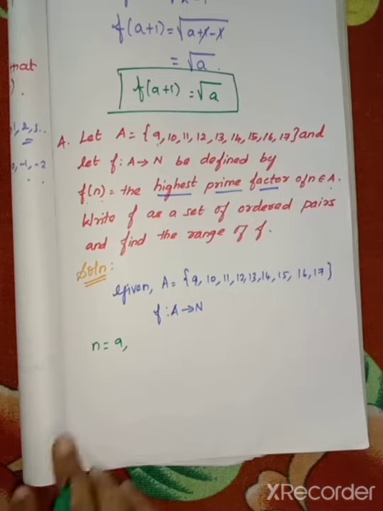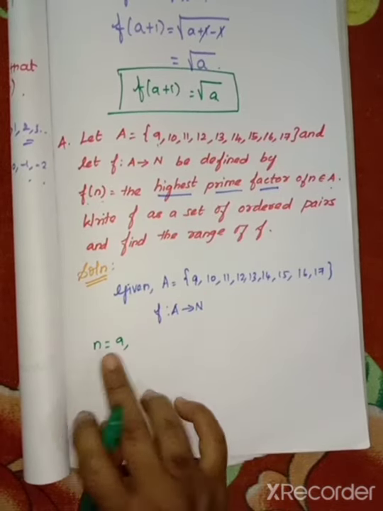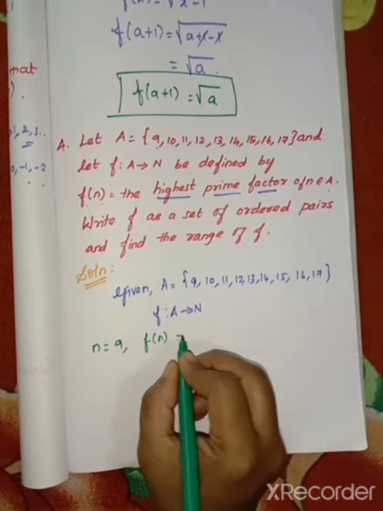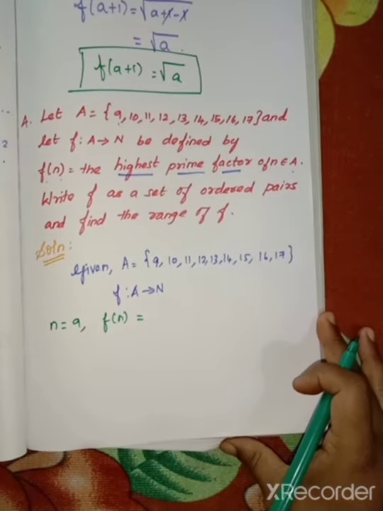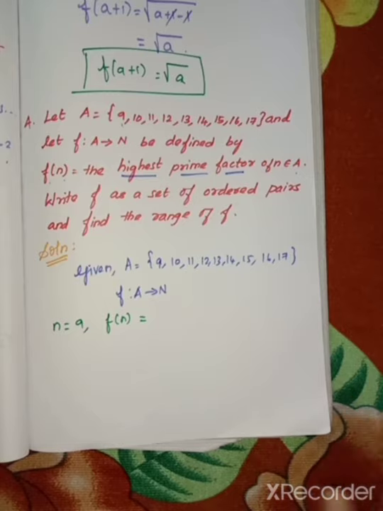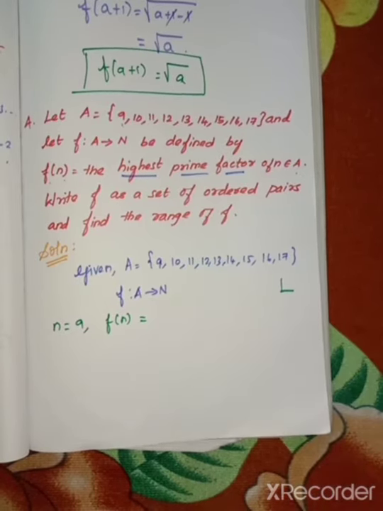Because A contains 9, f of n is the highest prime factor. What is that prime factor? We have to do the factorization, like you know in the LCM, but here we use only prime numbers. Prime numbers means what?